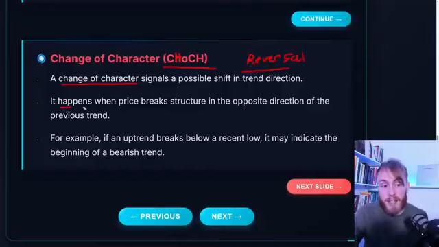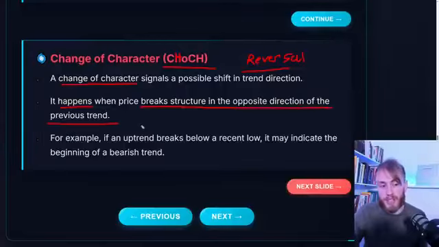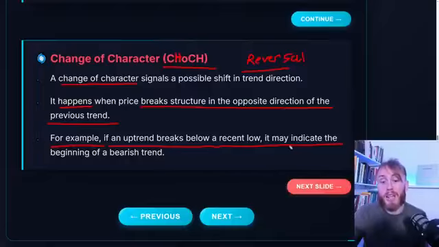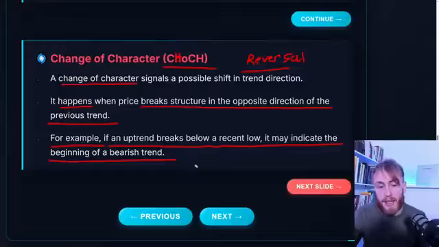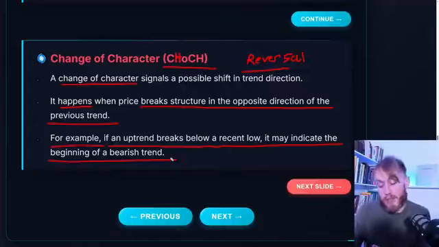And the change of character happens when price breaks structure in the opposite direction of the previous trend. And this is so much easier to show you guys visually, so I will show you guys very soon. But here, for example, if an uptrend breaks below a recent swing low, it may indicate the beginning of a bearish trend instead. But it doesn't mean that we flip to a bearish trend right away. It could mean a flip from an uptrend to a sideways market, or from an uptrend to a downtrend.